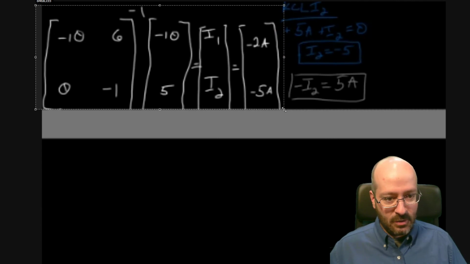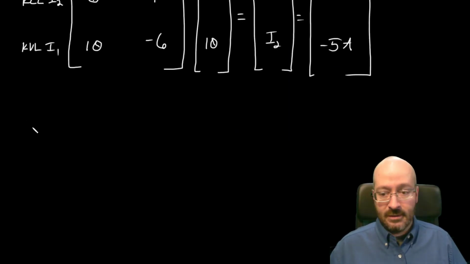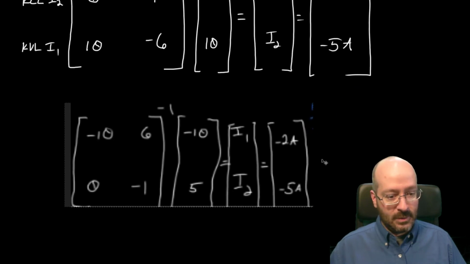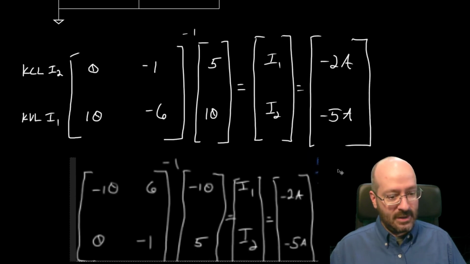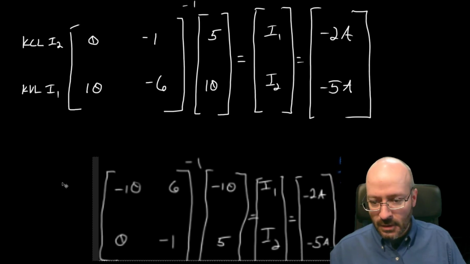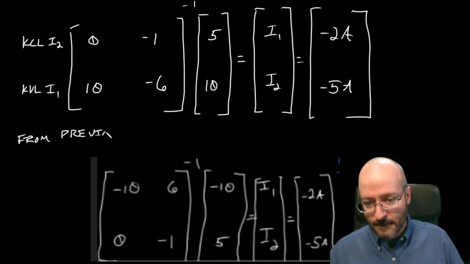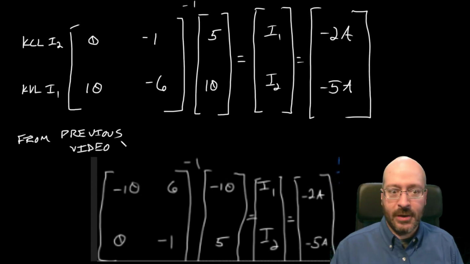Okay, I'll have to recreate this problem for you. And we can see we got negative 2 amps and negative 5 amps, so we're in good shape there. This was again from a previous video. Check it out. The video should still be good.